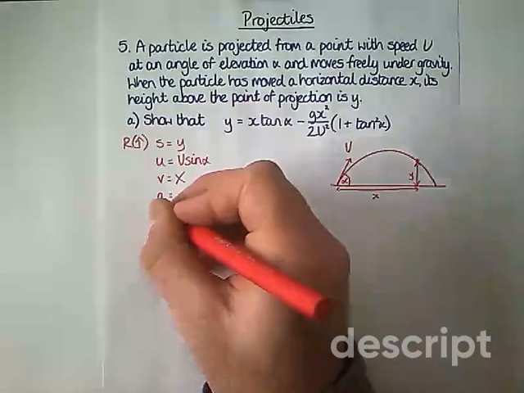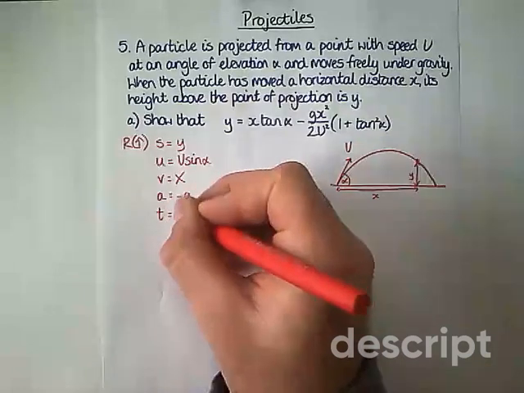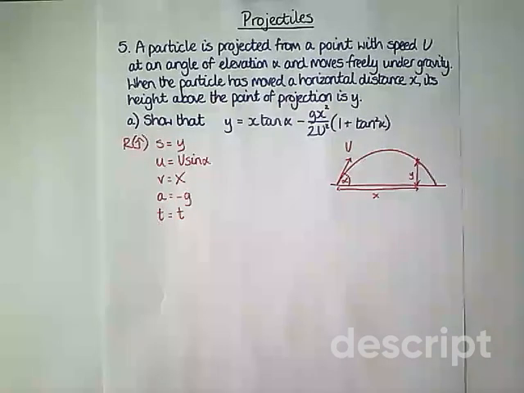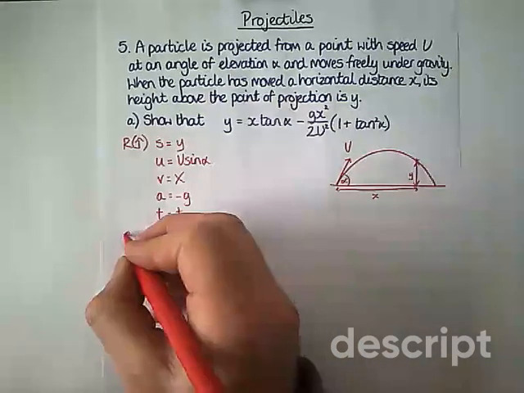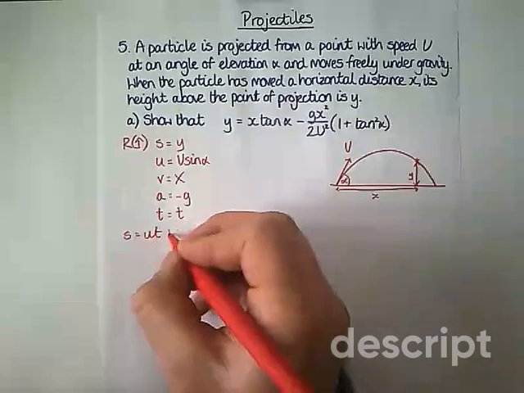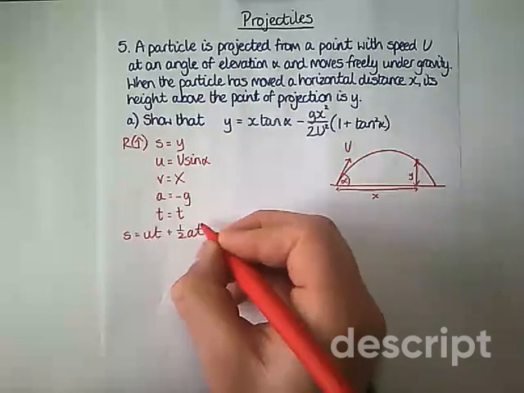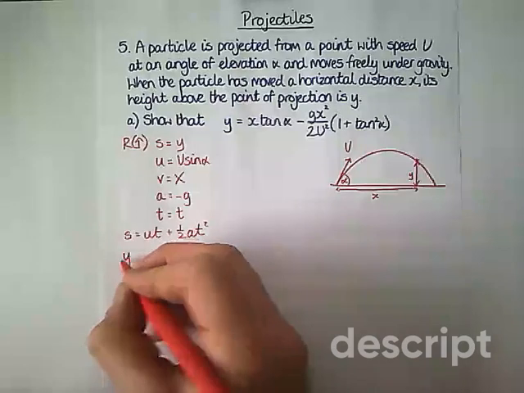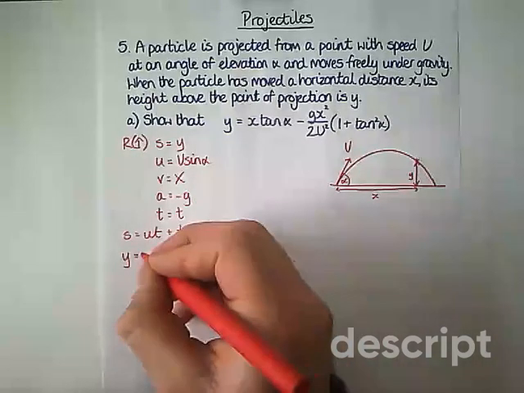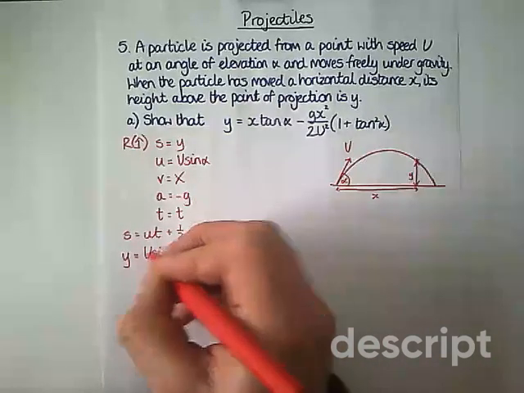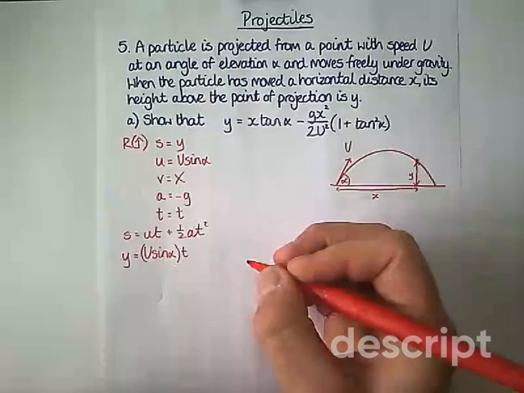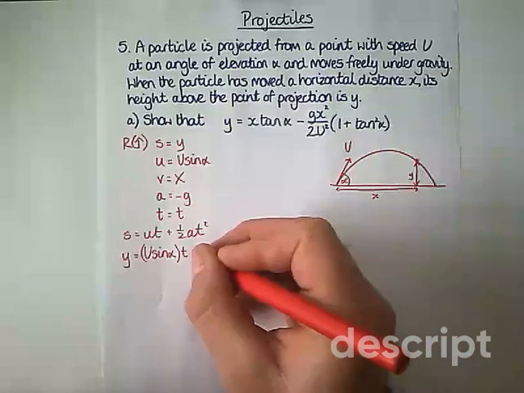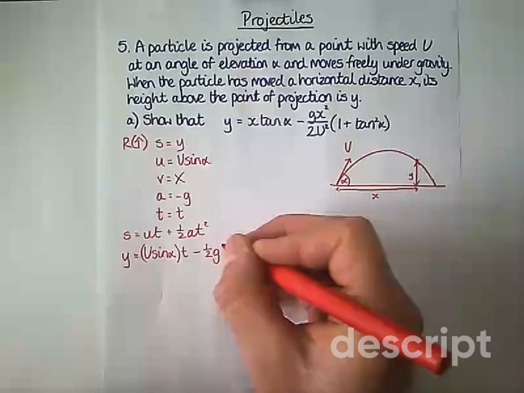And our time, well, let's just say our time is t. Okay, so if we use s equals ut plus a half at squared to link those together, we've got y equals u sine alpha times t minus a half g t squared.